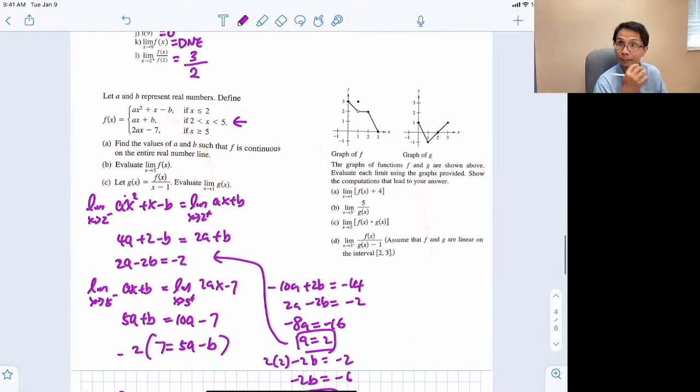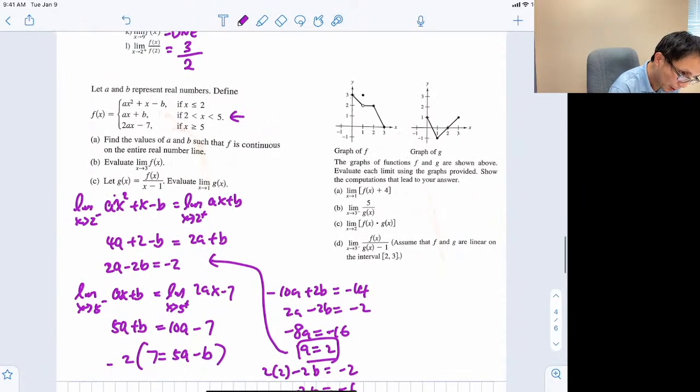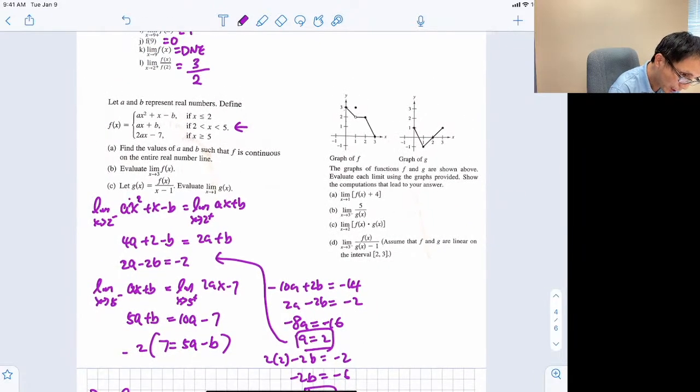We are almost done, and I have to go soon. So limit as x approaches 1 of f of x is going to give me the value of 2, not 3, because we are approaching, so we look at this direction and this direction. So the output is 2. Sydney, do you understand? You're not even paying attention.